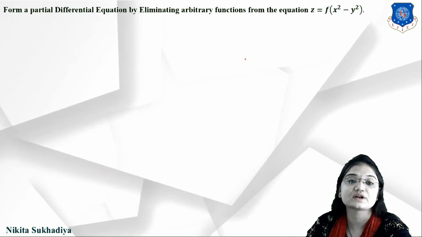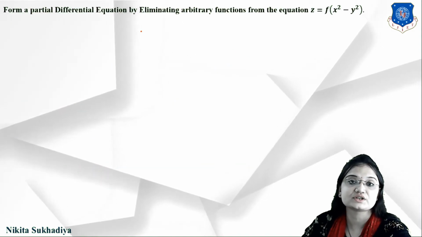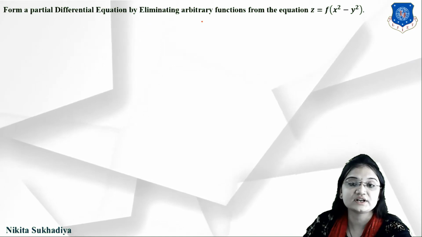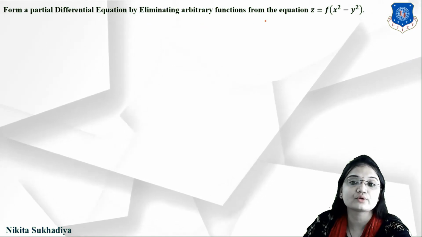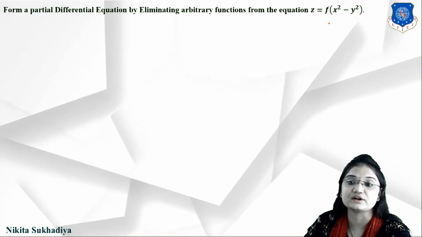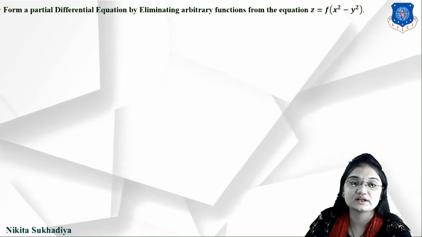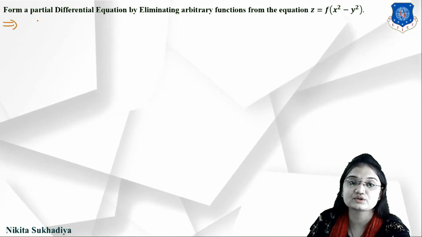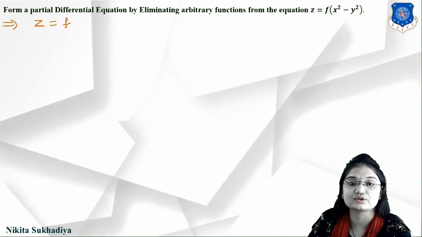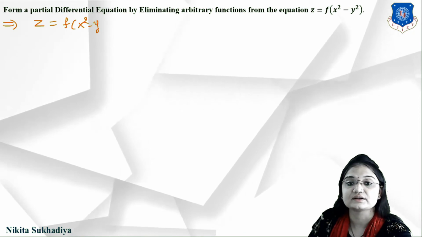Here we have to form a partial differential equation by eliminating arbitrary functions from the equation z is equal to f of x square minus y square. Here you can clearly see that our equation is z is equal to f of x square minus y square.